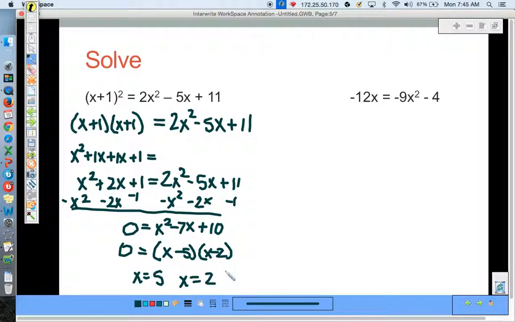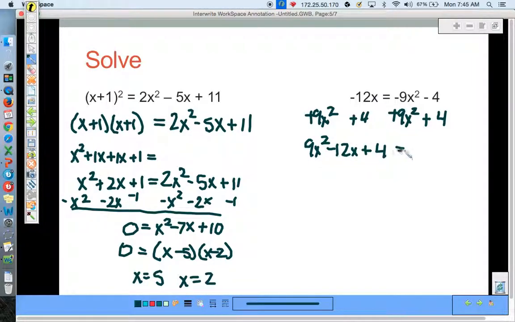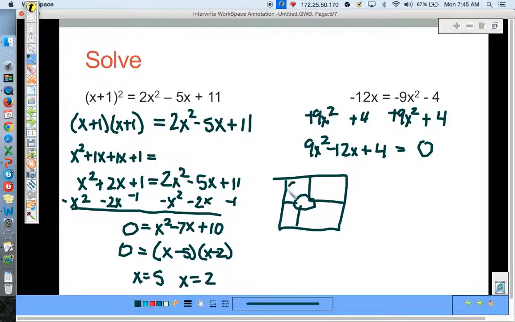So this last one, again, I like to make the a term positive. So I'm going to add 9x squared and add 4. So now we have 9x squared minus 12x plus 4 equals 0. And again, when that a term is bigger than 1, I have to do the box and circles. So a times c, so we got 36.